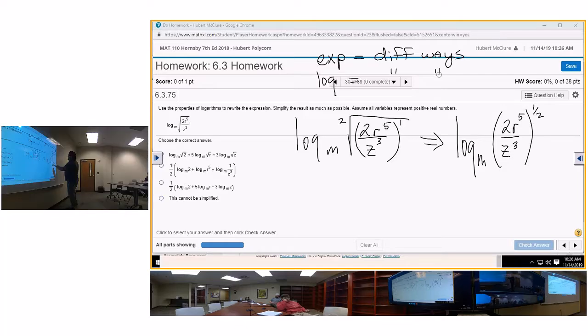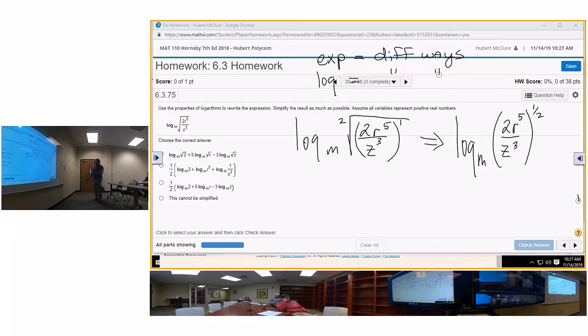I could flip it and make it z to the third over 2r to the fifth, to the negative 1/2, then bring the negative out. There are 3 or 4 different ways, and it doesn't matter because you will get the same answer.